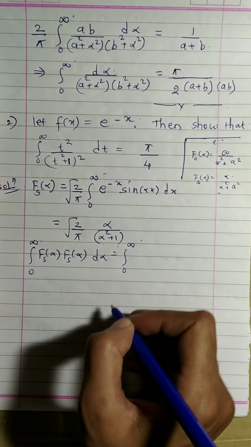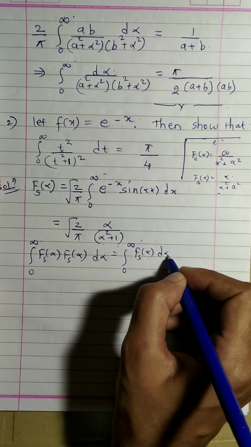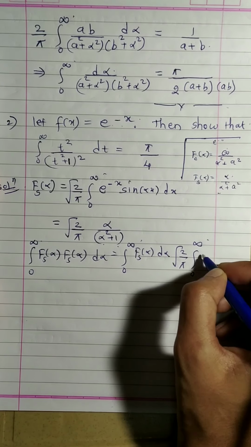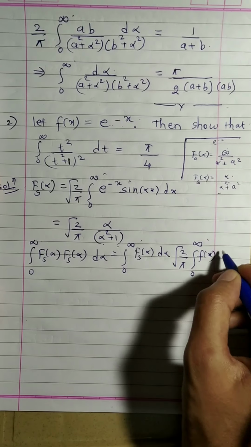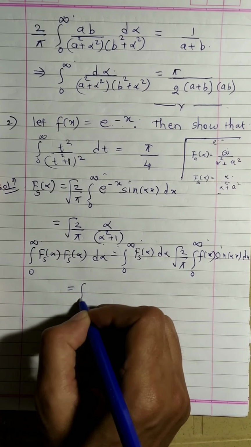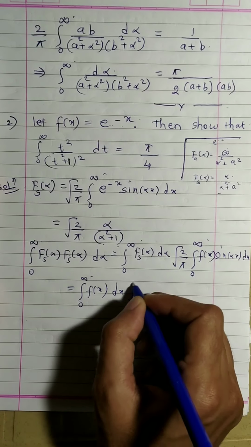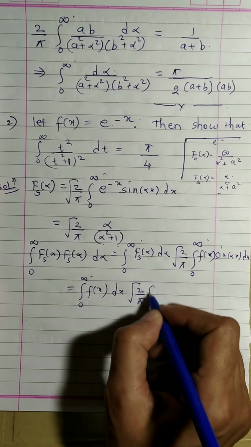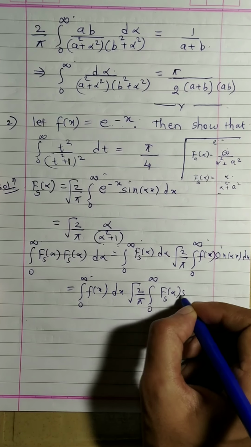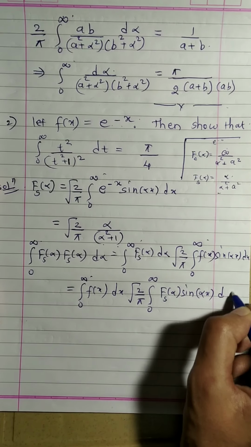Now again observe that the Fourier sine transform of the function f of x will be equal to root of 2 by pi integral from 0 to infinity f of x into sine of alpha x dx. Then the integral from 0 to infinity f of x dx equals root of 2 by pi integral from 0 to infinity of the Fourier sine transform of alpha into sine alpha x d alpha.